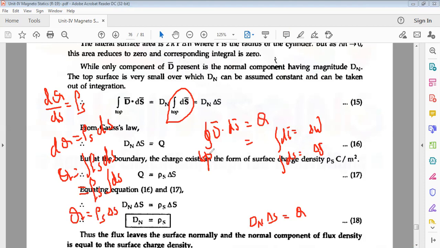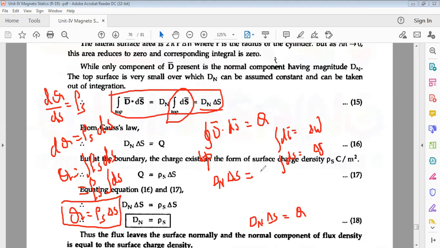Q is equal to rho s into delta S, and the integral of D bar dot dS bar gives Dn delta S.